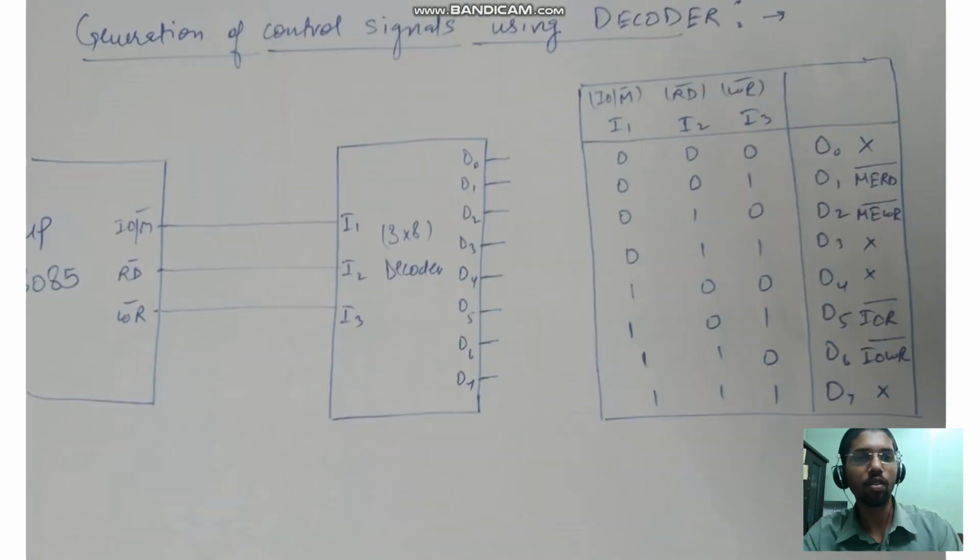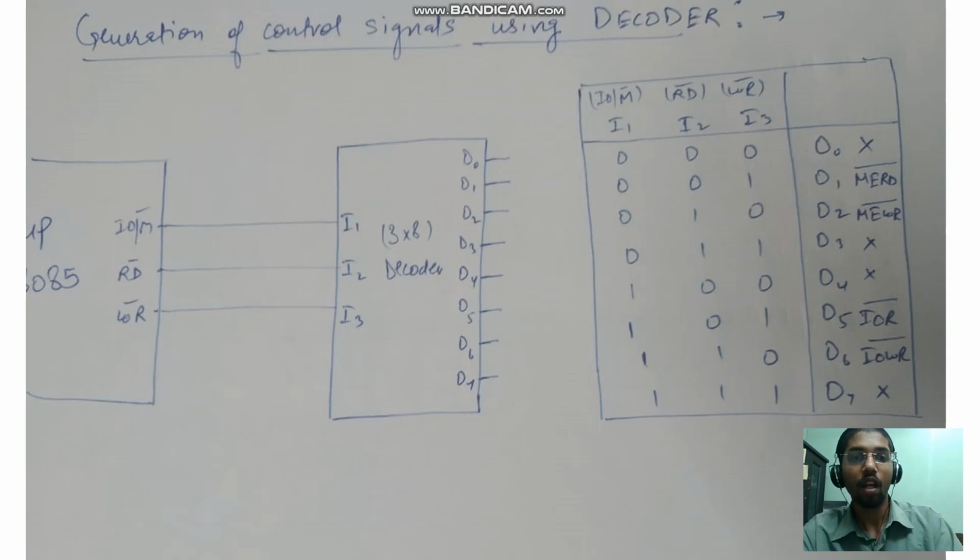After that, we can also generate these control signals using a decoder. In this we use a 3 by 8 decoder. We choose this 3 by 8 decoder because there are three control lines from which we'll generate the operations: memory read, memory write, input read and input write.